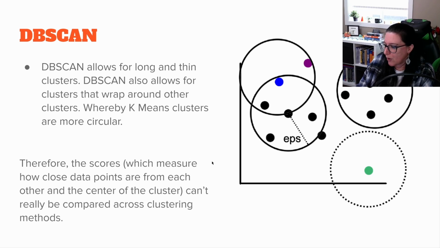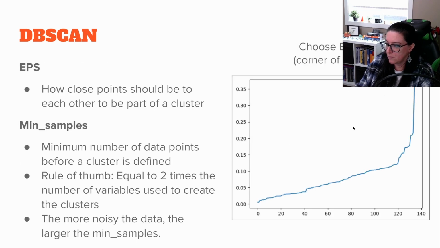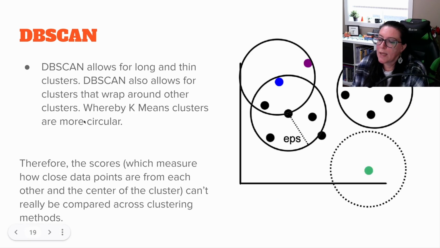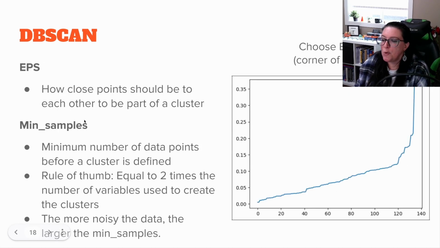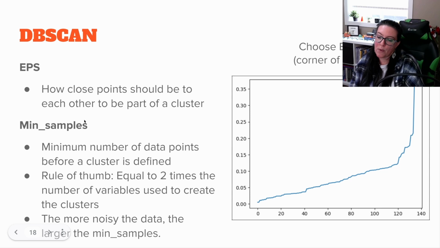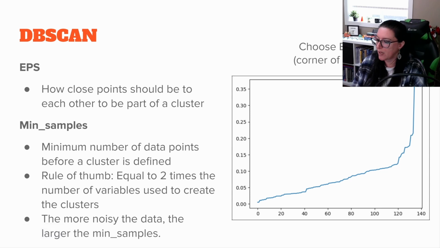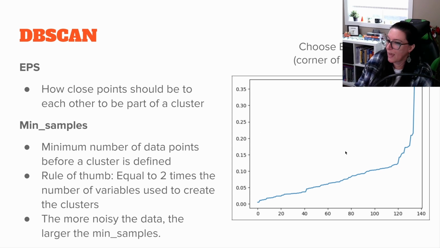All right, so what we will do though is look at our decisions of choosing our EPS, how close the points should be to each other to be part of a cluster. We'll look at the EPS in a graph like this, and similar to that elbow method we had with k-means, we're looking for the corner of the elbow.